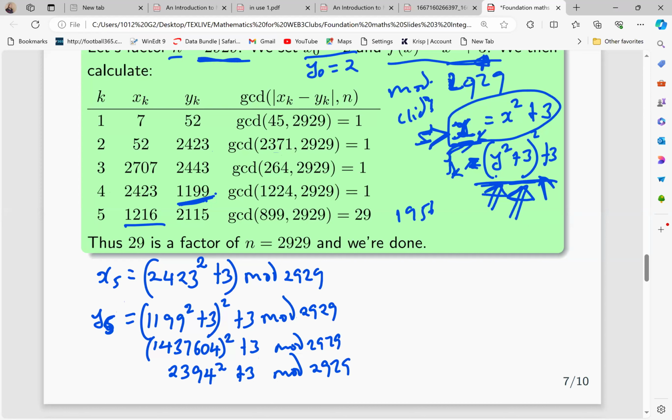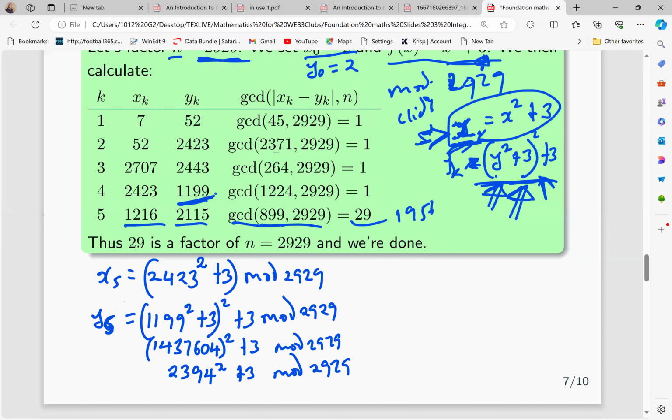The remainder is 2115. 2115 minus 1216 gives us 899.